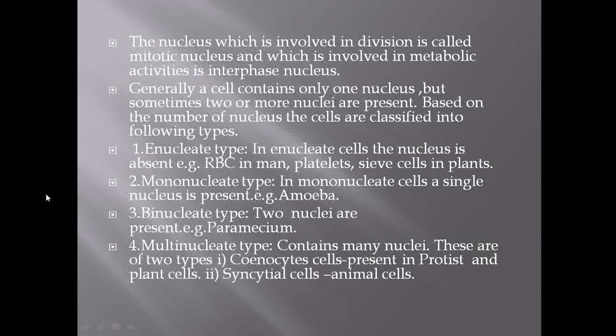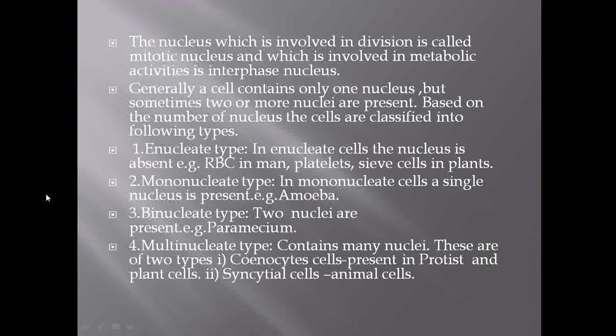Then, generally a cell contains only one nucleus. We know each cell has a single nucleus, but exceptionally in some cases two or more nuclei could be present. Based on the number of nuclei, cells are classified into the following types. One is the enucleate or anucleate type.